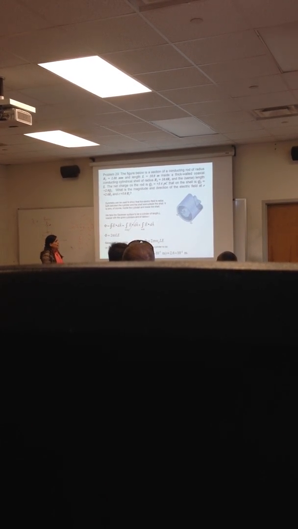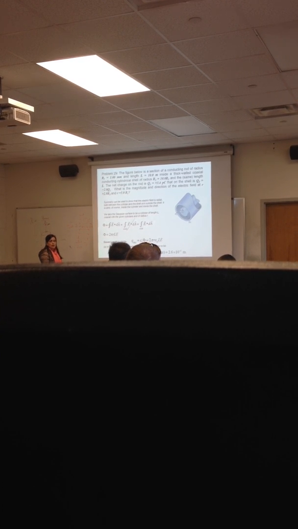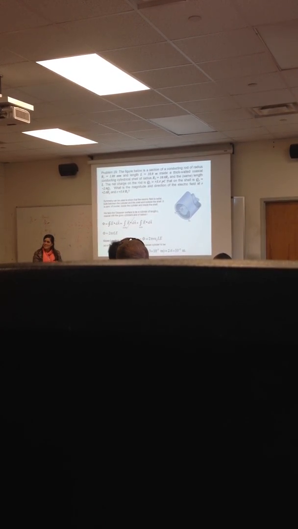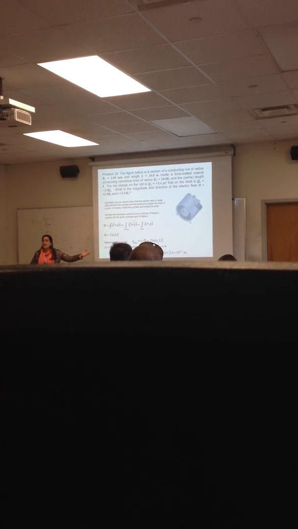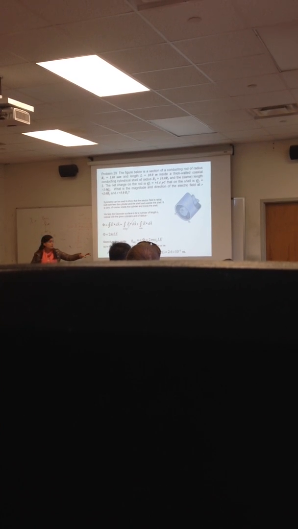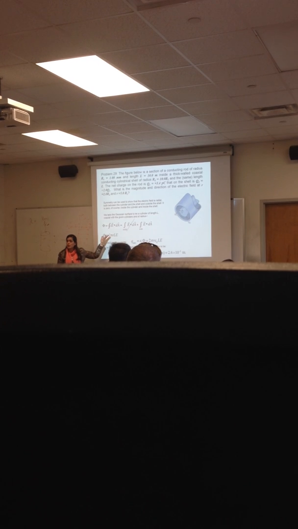So this is what you have. The E comes out of the integral, constant, uniform. And I'm integrating over dA. What is dA in this case? The surface area of the cylinder, which is also 2 pi r times L. Do you agree with me?